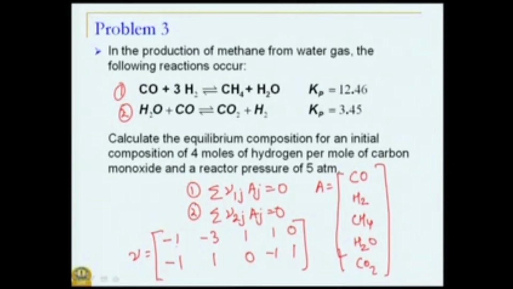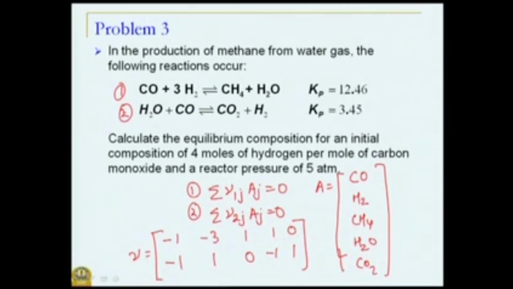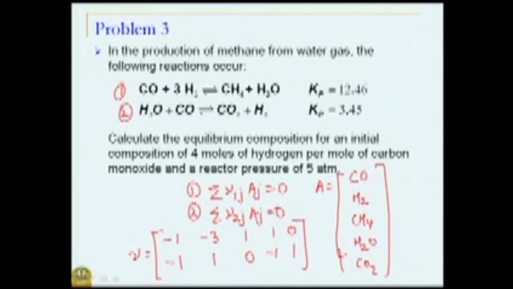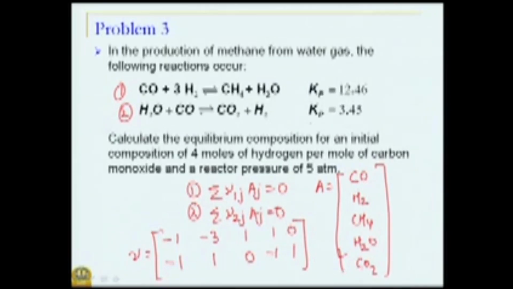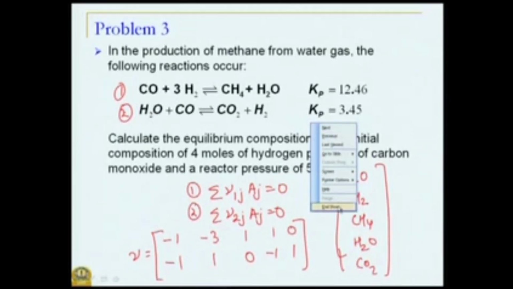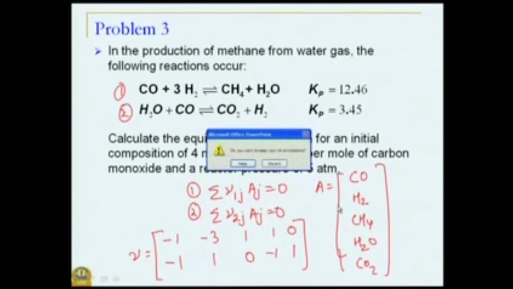The first column belongs to carbon monoxide, the second one to hydrogen, third one to methane, fourth one to water and fifth one to carbon dioxide. Okay. So, given this stoichiometric matrix and my reactions and my equilibrium constants, I need to find out the equilibrium composition.